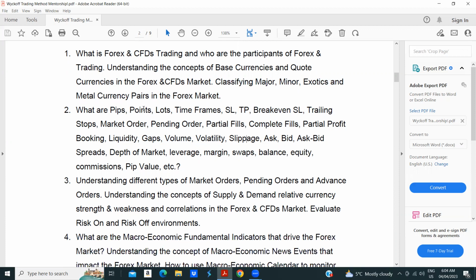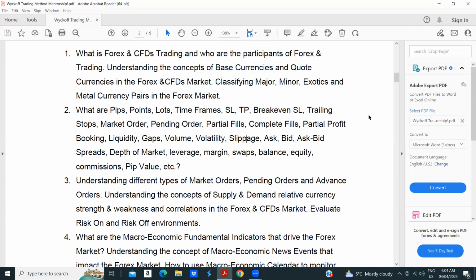Those are the pips, points, lots, timeframes, stop loss, take profit, break even, trailing stop loss, and market order, pending order, partial fills, complete fills, partial profit booking, liquidity, gaps, volume, volatility, slippage, ask, bid, spreads, depth of the market, and leverage, margin, swaps, balance, equity, commissions, pip value, etc.